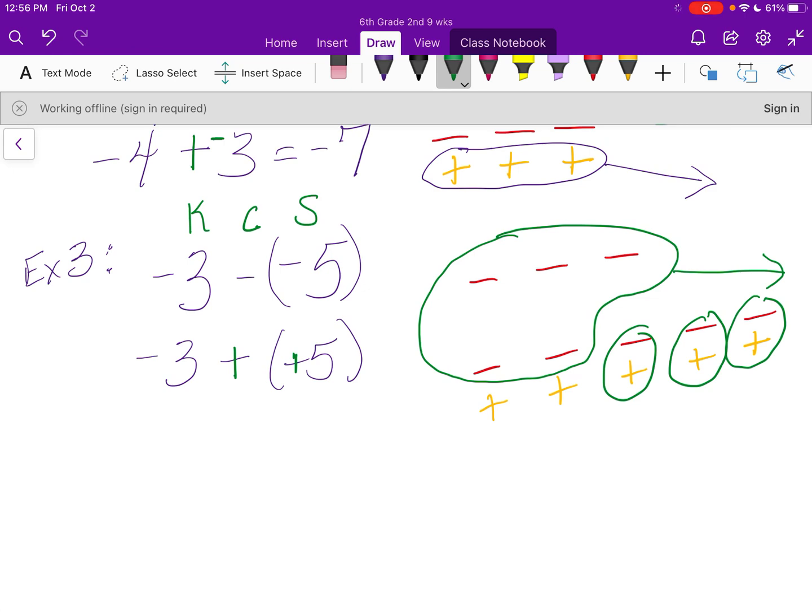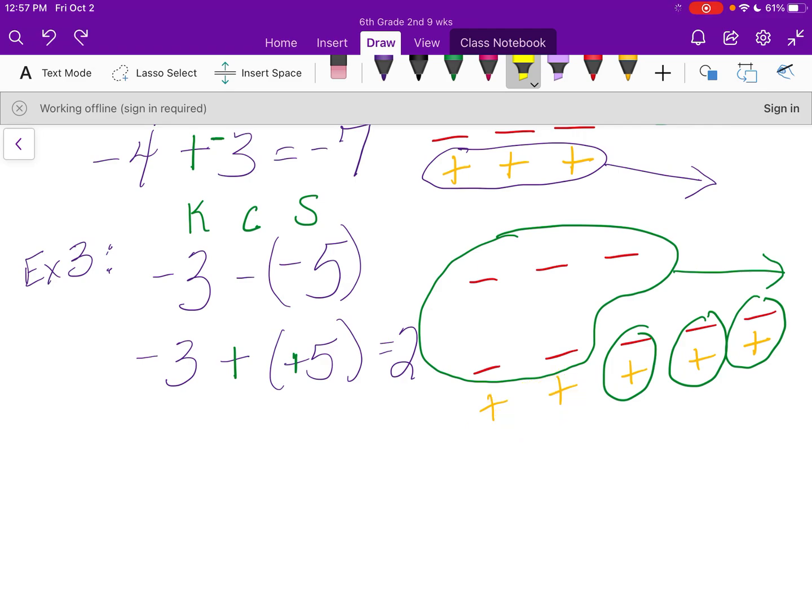So keep, change, switch. Notice that +5, that was right here. That was our +5. So 3 negatives plus 5 positives gives us 2 positives. They're left right there. 2 positives right here.